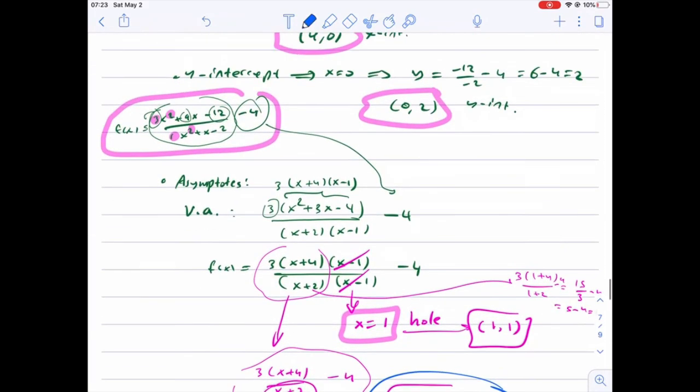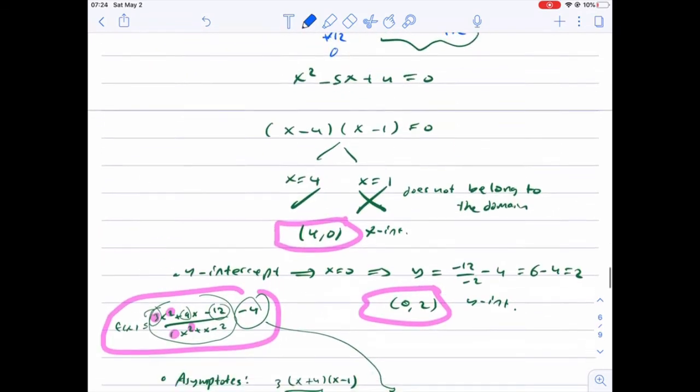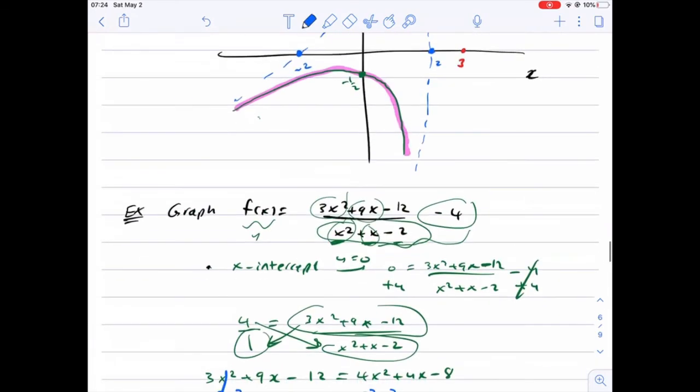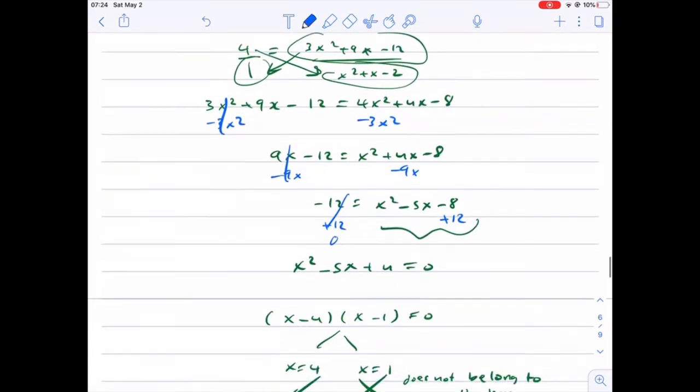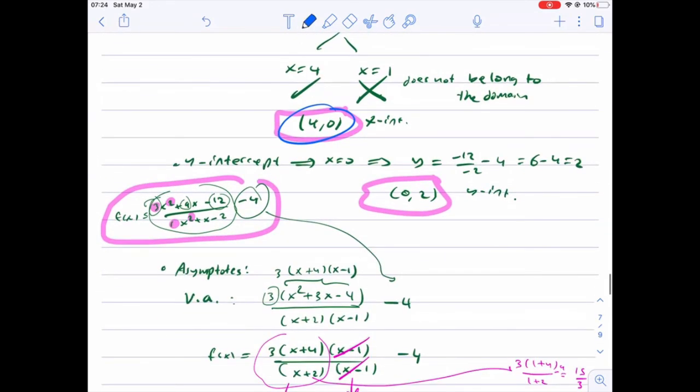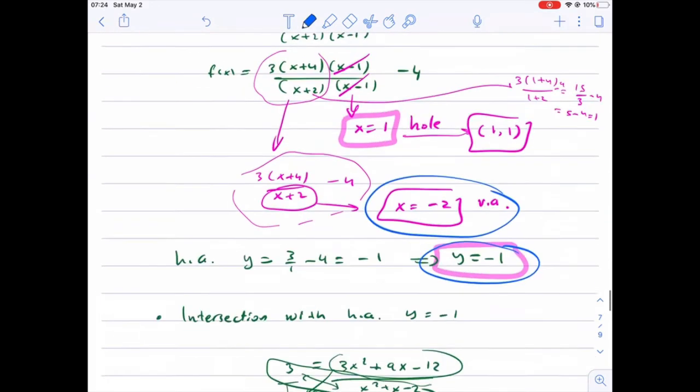And then we determine the intercepts. We have the x-intercept and the y-intercept. So here we have the x-intercept, which is x equals 4, or 4, 0, and the y-intercept is 0, 2.